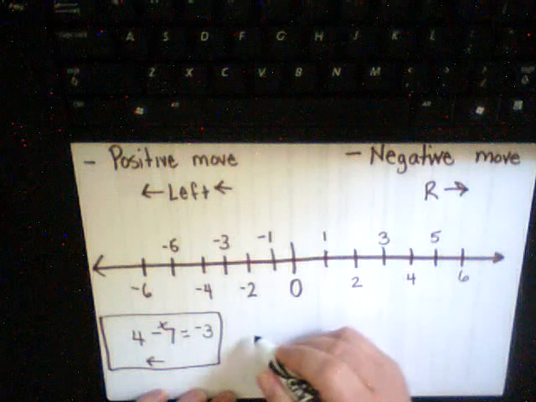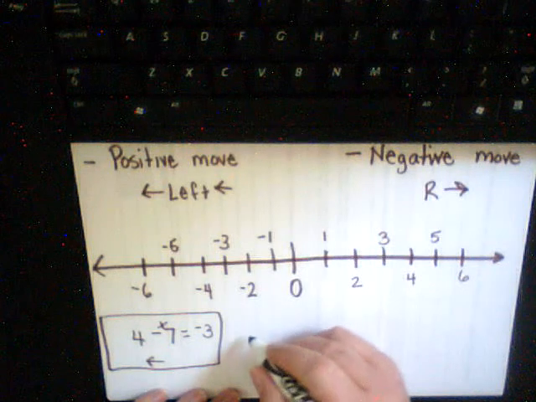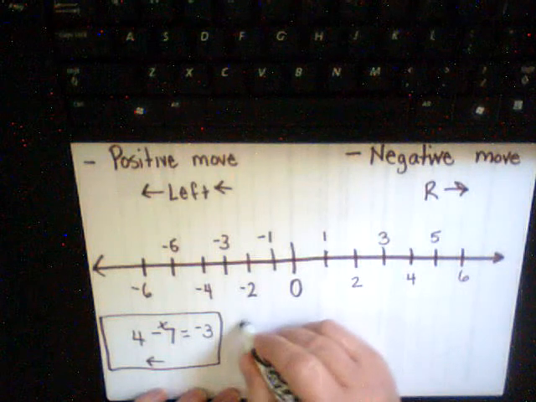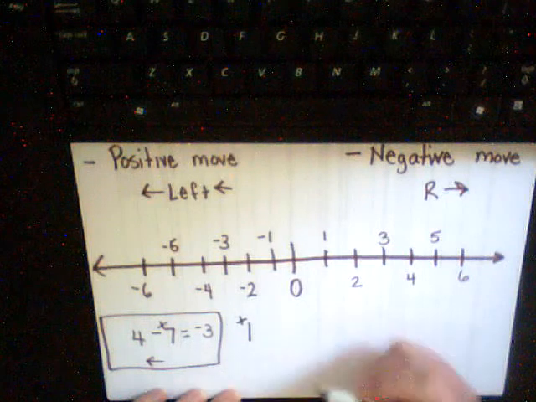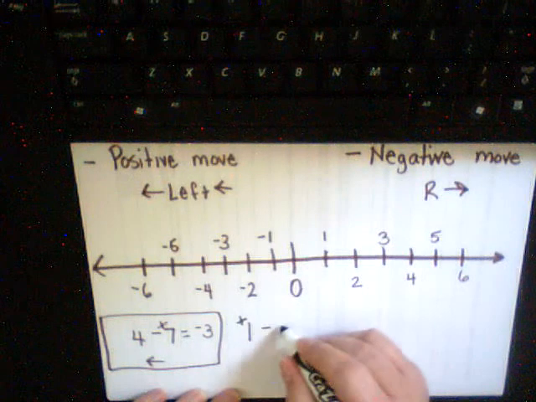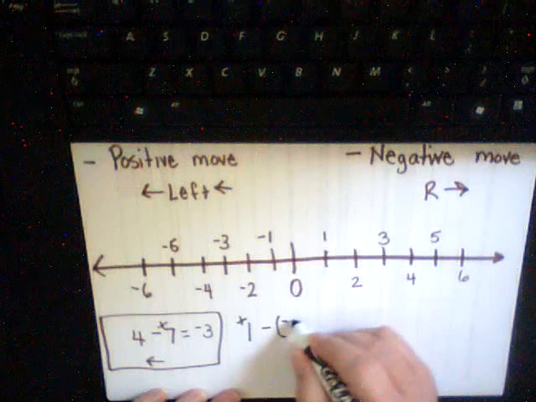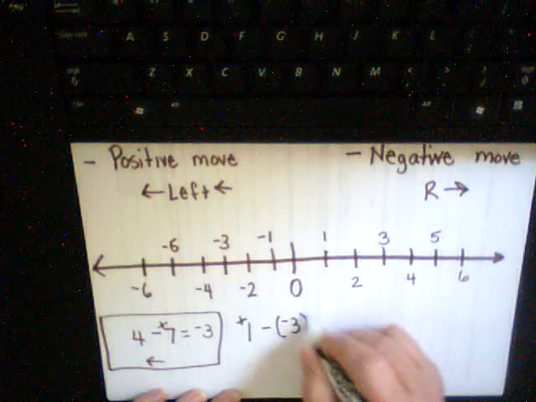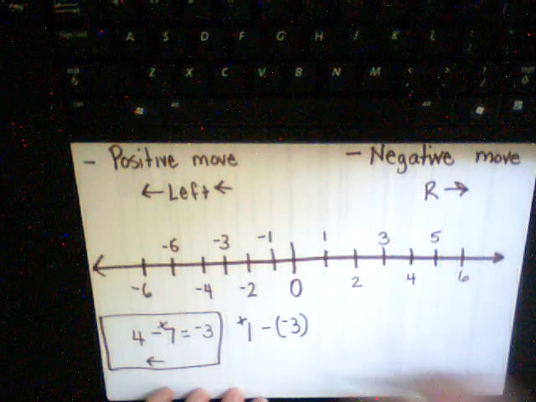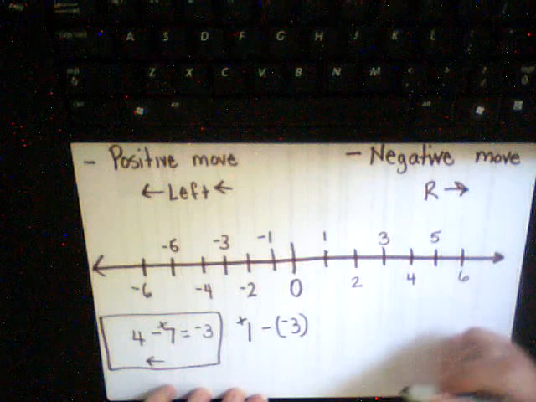Now we're going to start with 1, which is a positive number, minus -3.